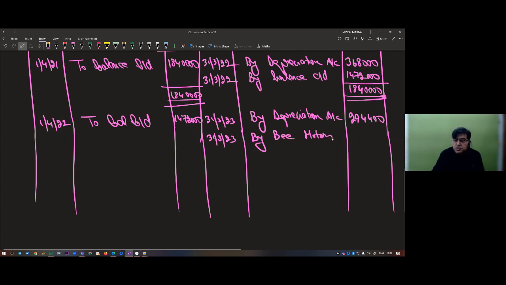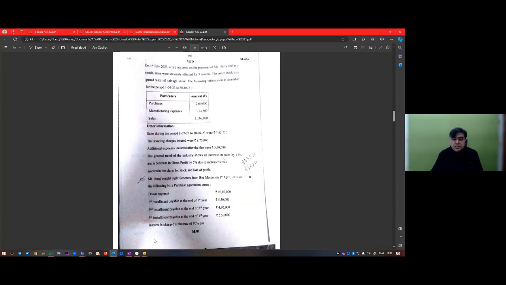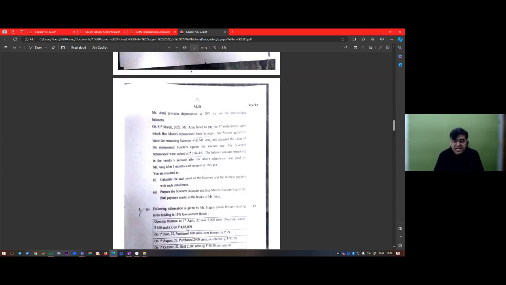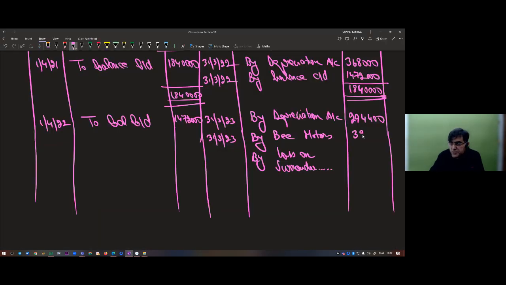B Motors, loss on surrender. They took it over at the agreed value of 394,450.